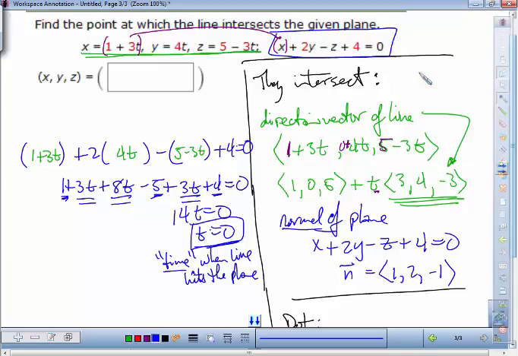The plane doesn't have any t's in it. So t equal to 0 for the line, you get x is equal to 1, y is equal to 0, and z is equal to 5. So in this particular case, it just turned out to be that starting point, because that's the point when t is equal to 0.